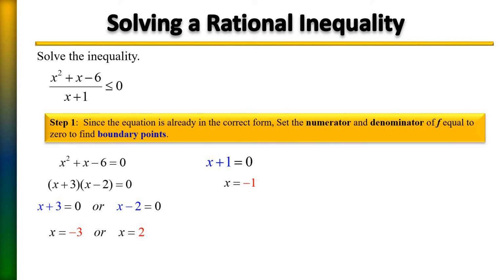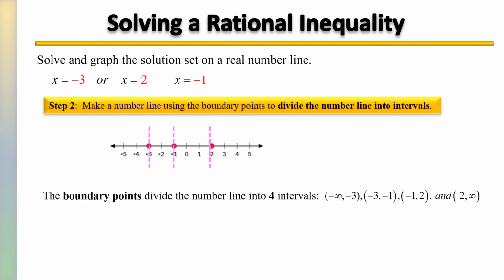All right, so we have -3, 2, and -1. We're going to use those points to split up our intervals. And so our intervals is split up actually in 4 different regions. So from -infinity to -3, and then from -3 to -1, and then from -1 to 2, and then from 2 to positive infinity.